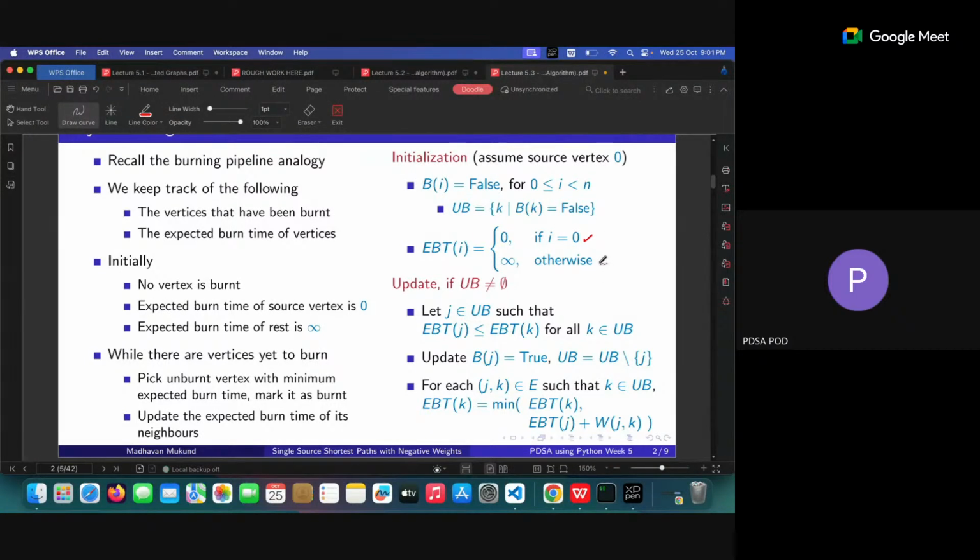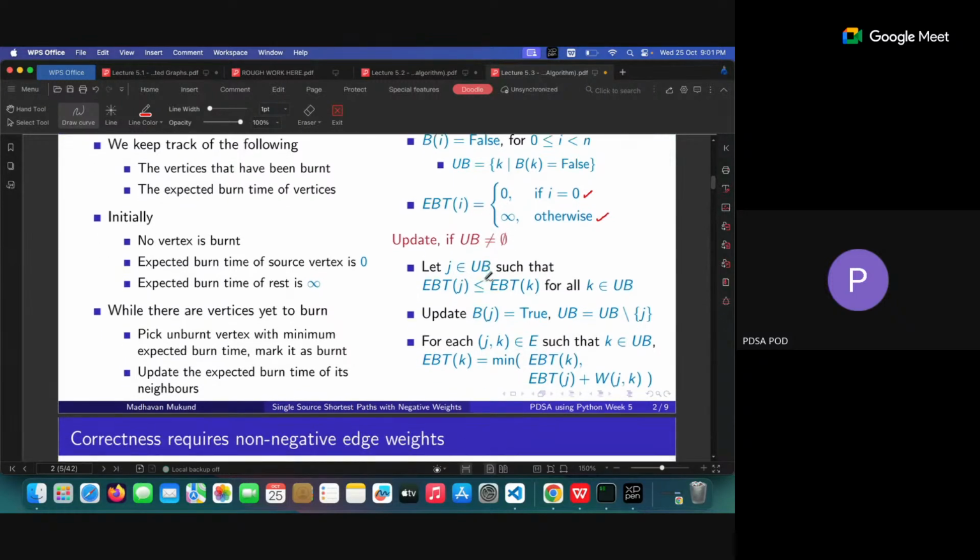Remaining all we make infinite. So every time, among the unburned vertices, the expected burn time of j is less than or equal to the expected burn time of k for all k belonging to the unburned vertices, then only it is selected.